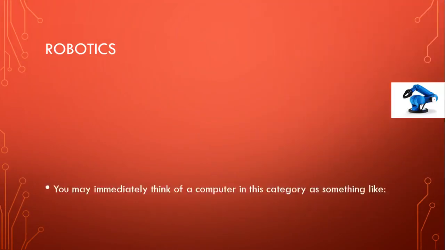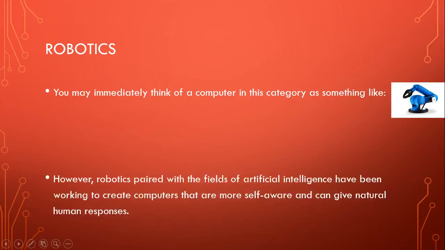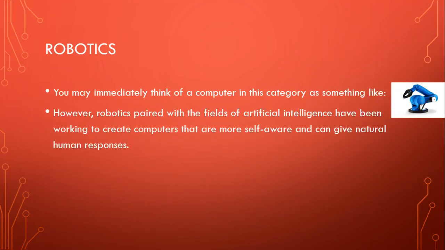All right, you can't talk about technology without talking about robotics. And you may immediately think of a computer as something kind of like this. So a robotic arm working down at the factory line, picks up the parts, puts them on the assembly line, off it goes. However, robotics paired with the field of artificial intelligence has been working to create computers that are more self-aware. They can interact with people and get that more natural human response.